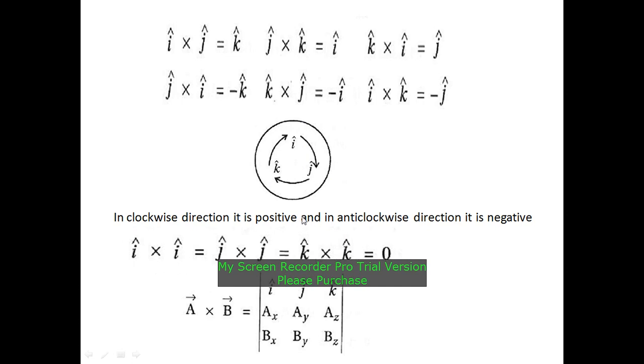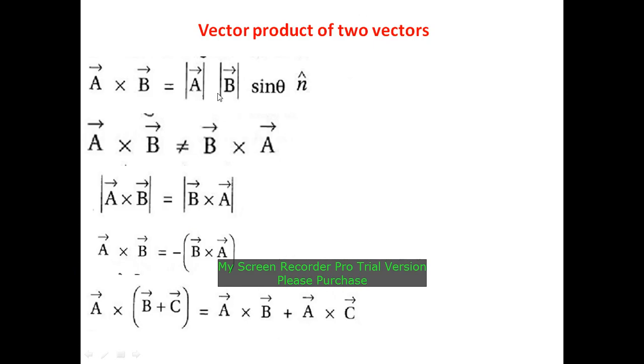So it is also explainable with the help of this equation. If we put theta as 0 here, sin 0 is 0, then the resultant a cross b is 0. Now if it is 90, then sin 90 is 1, then it is maximum, a cross b is equal to ab.